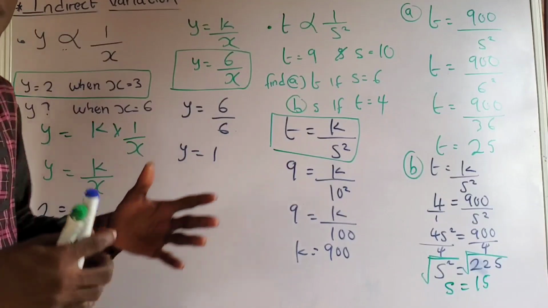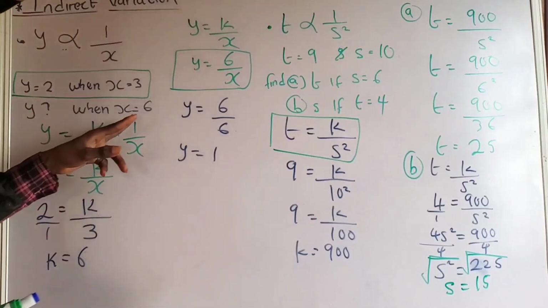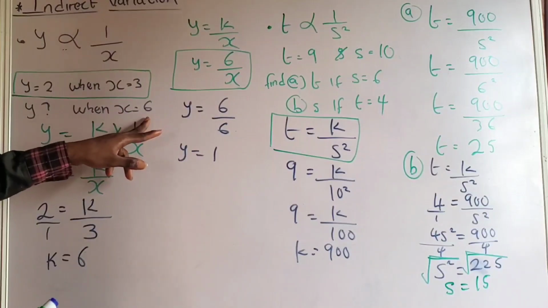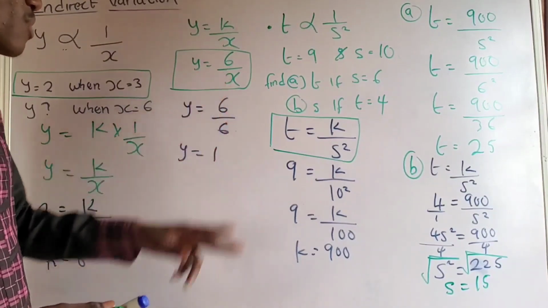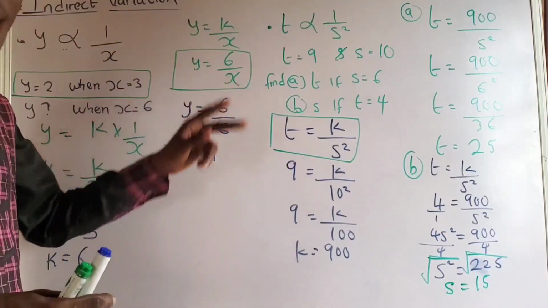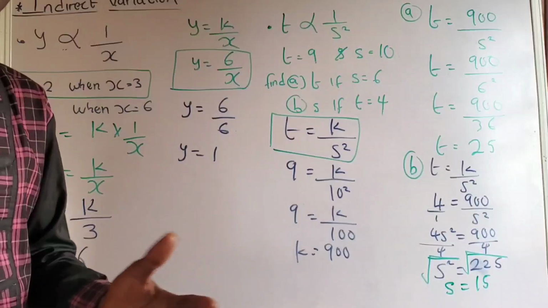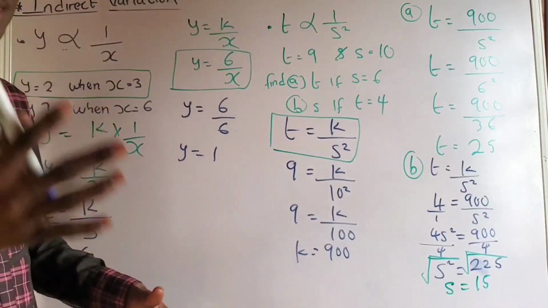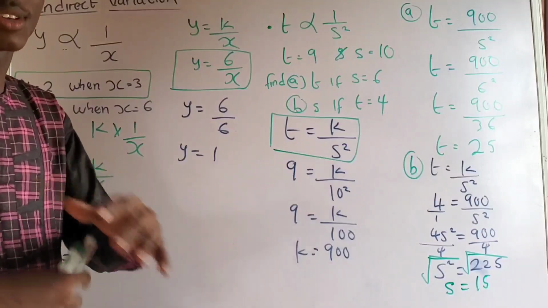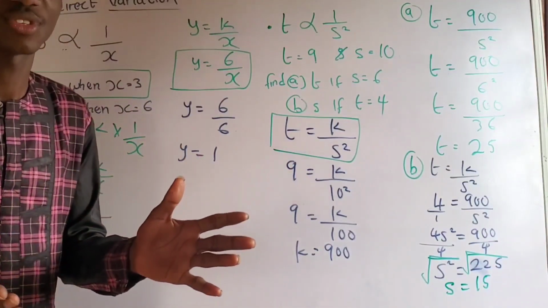We are going to discover that the value of y will decrease. When x is 6, you can see that the value of y is 1. Let us increase x to 7. When x is 7, we are going to have y equals 6 over 7, right? Yes. 6 over 7 will give us a decimal, because it is a proper fraction. So you can see now that as one of the variables or quantities increases, the other decreases. That kind of relationship is what we call indirect variation. Are you getting it?